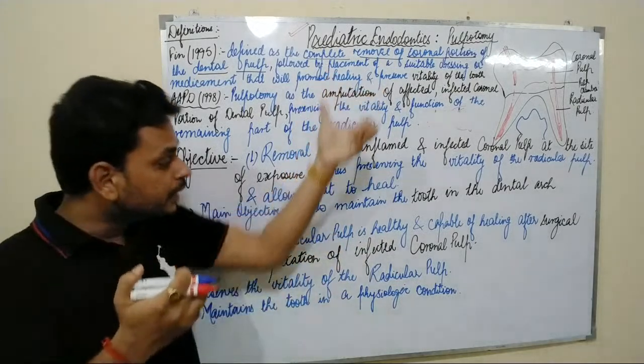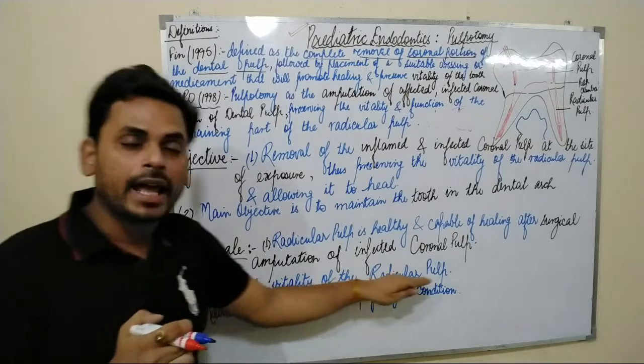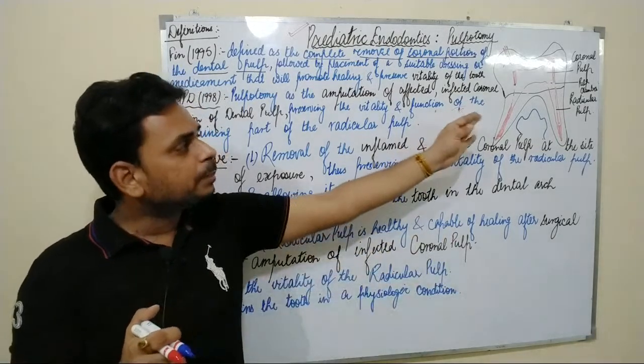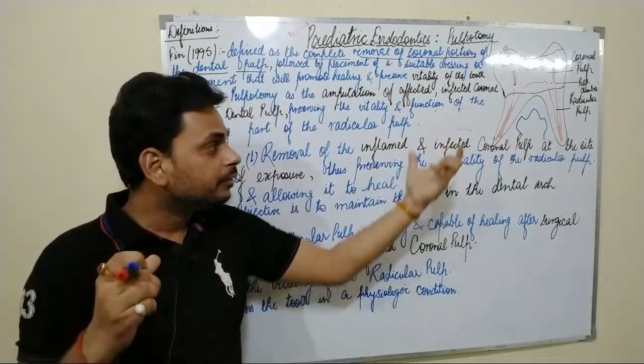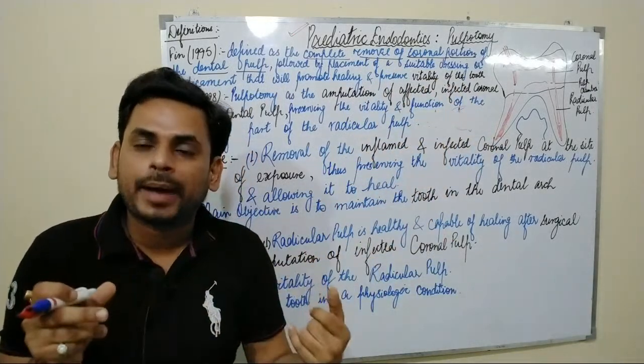So this was the first rationale. The second rationale is that it preserves the vitality of the radicular pulp, and we are not damaging the periapical tissues.